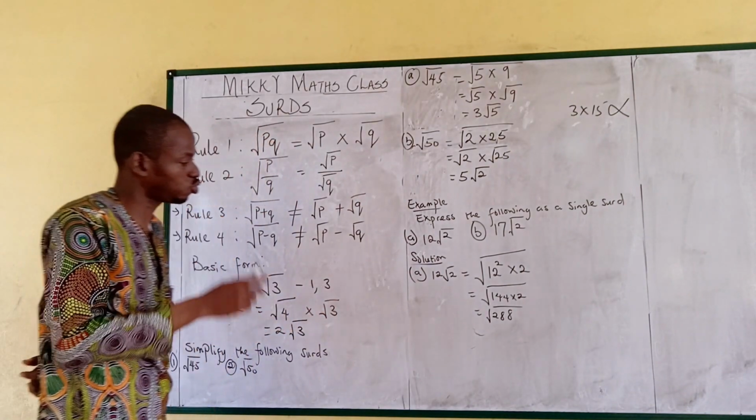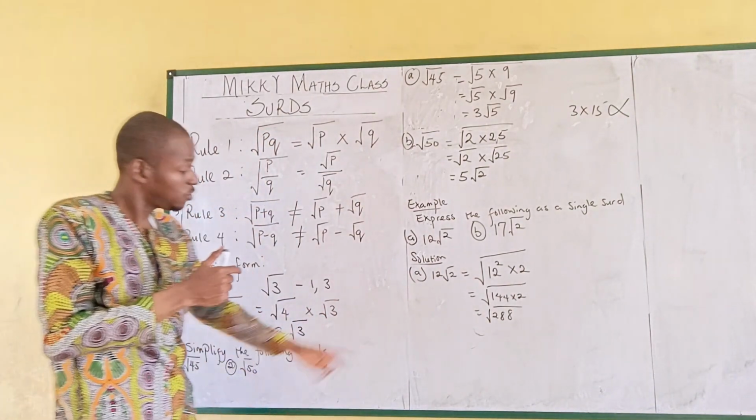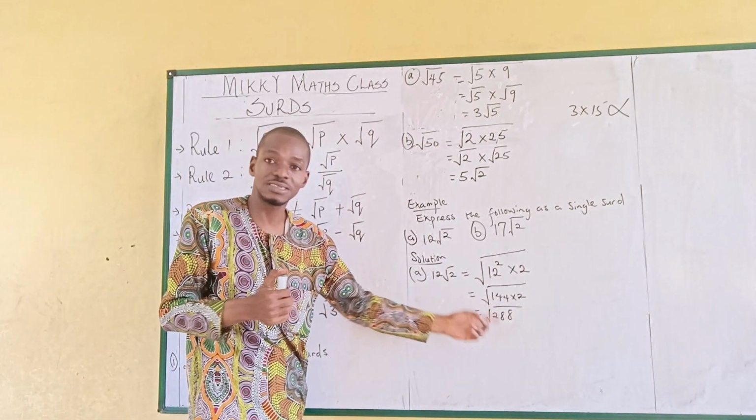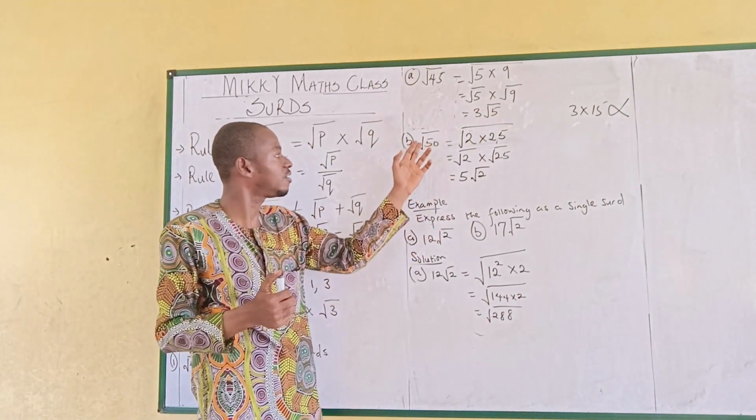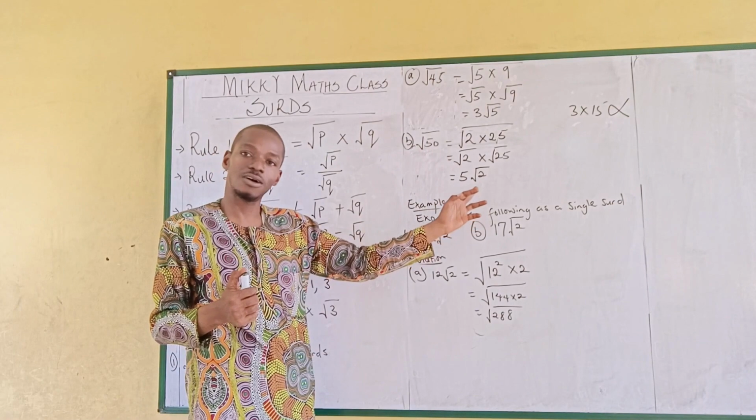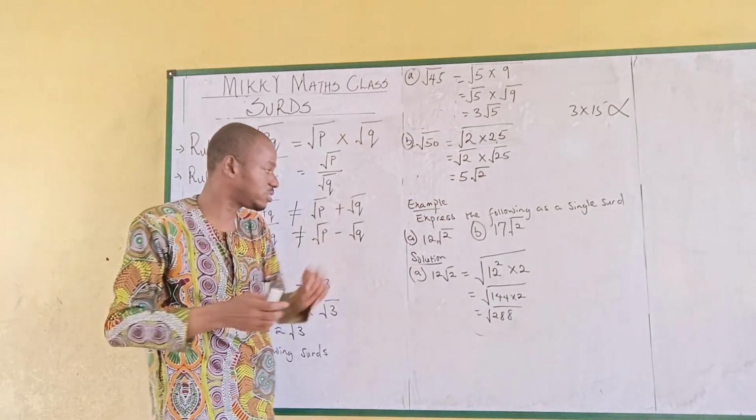That's root 288. So I've ended up expressing it as a single surd. That means walking back from the question to the answer, or from the answer back to the question.